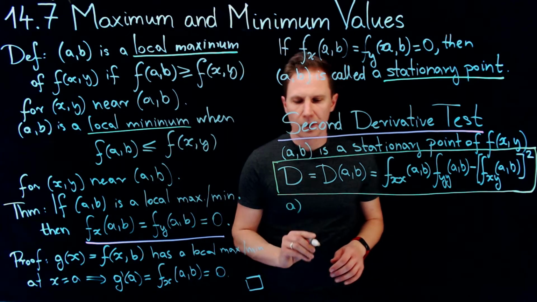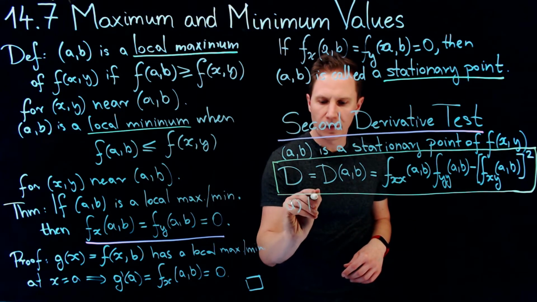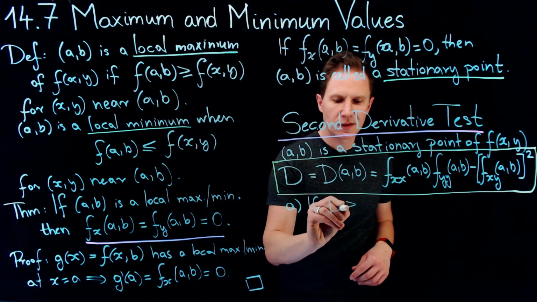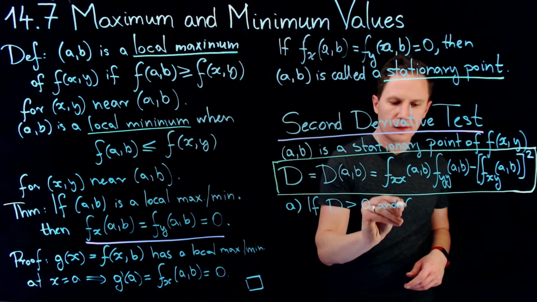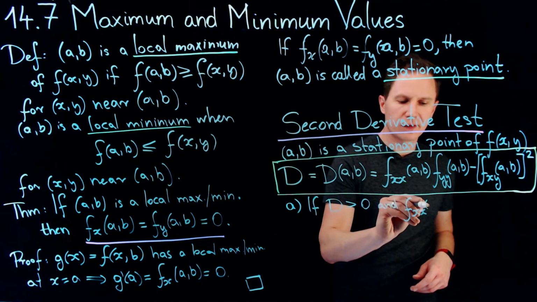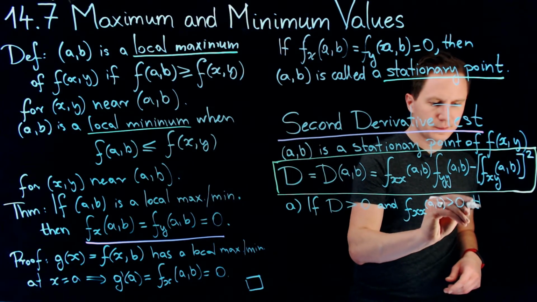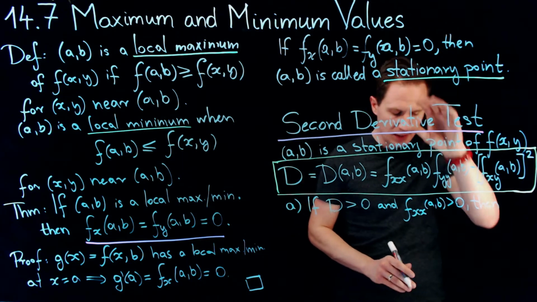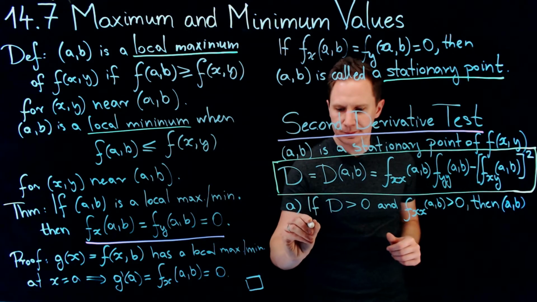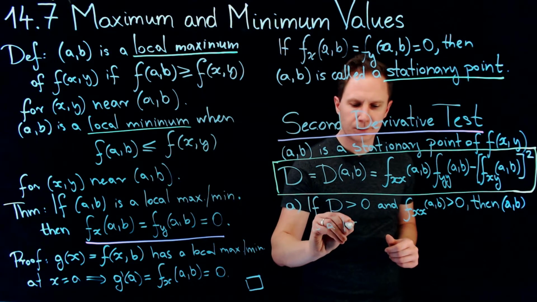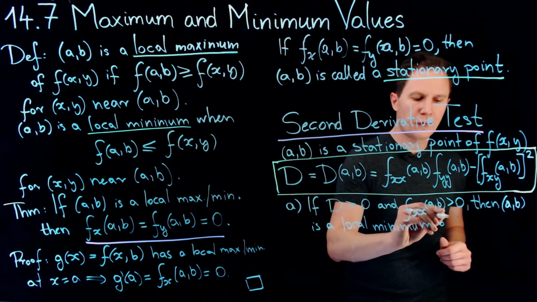we have one of two cases. First, if D, this number, is greater than 0 and the second order partial derivative with respect to x is positive, then the stationary point AB is a local minimum of f.